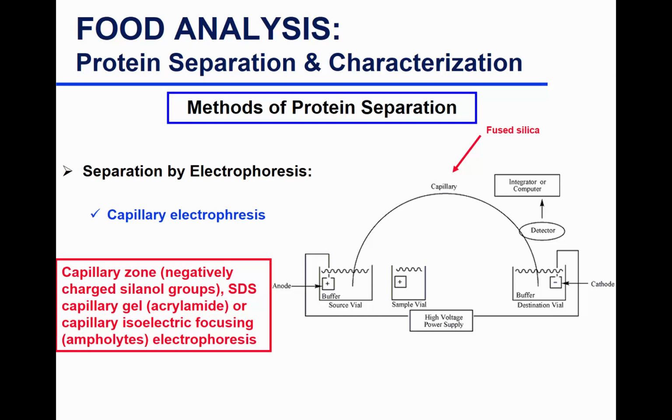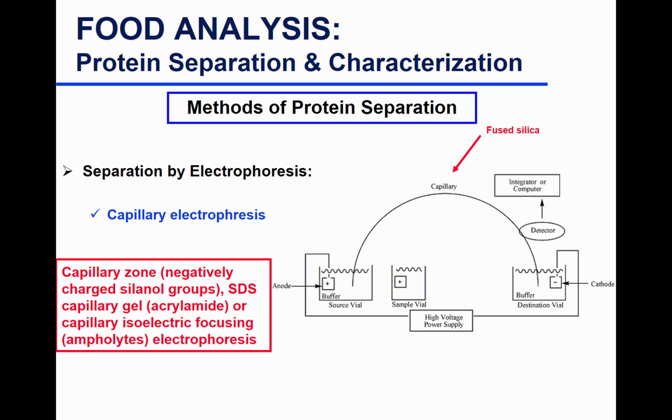So it's called capillary because you really have a very narrow tube that contains either fused silica with silanol groups without any gels inside. Here the separation is based on pull of charges.